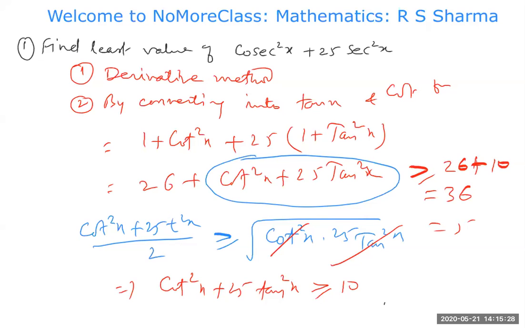So its answer: the minimum value is 36. Completed.